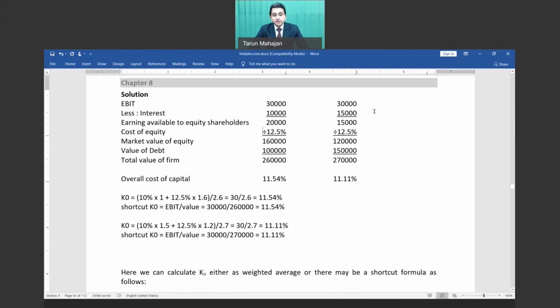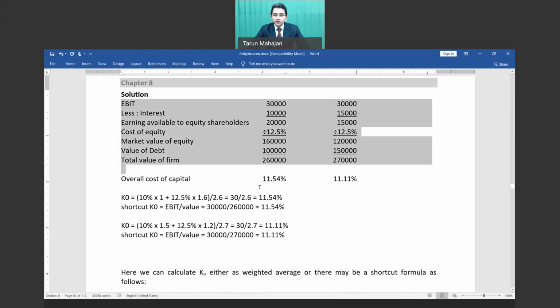In the last session, I showed you this calculation of the NI approach. Under the NI approach, you start with EBIT, deduct interest, so that is profit before tax. But the NI approach assumes that there is no tax, so that is also profit after tax. There are also no preference shares, so that is also earnings available to equity shareholders.